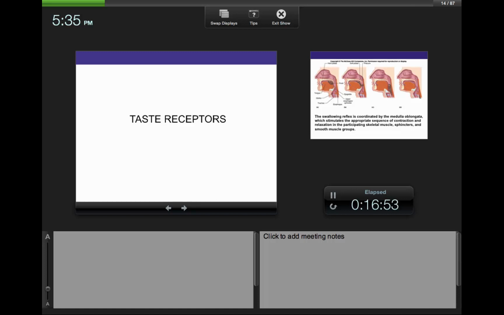But let's go back just to review. The taste receptors are sweet, salty, sour, bitter, and umami, my favorite. Umami. Umami taste receptors detect amino acids in meats, like protein.